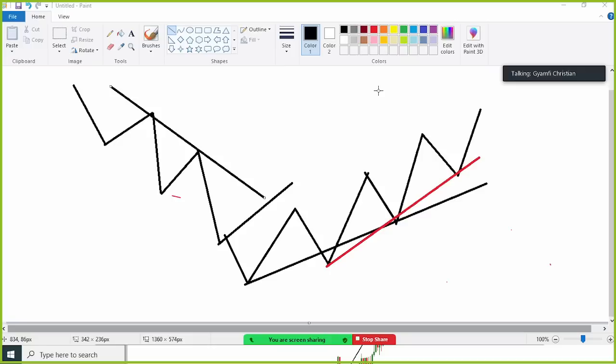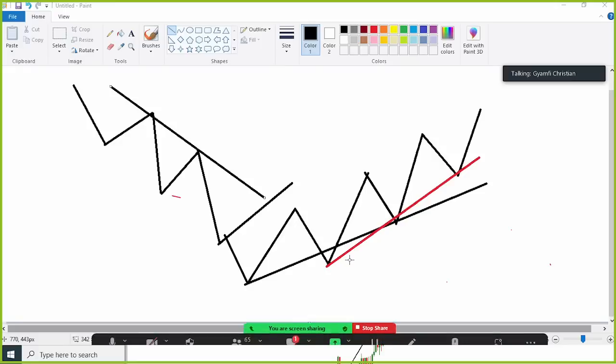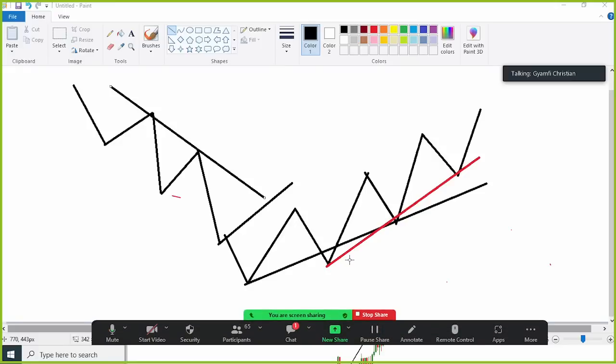So I've already explained this to you. It connects the significant highs in a downtrend and then significant lows in an uptrend, creating a dynamic resistance.